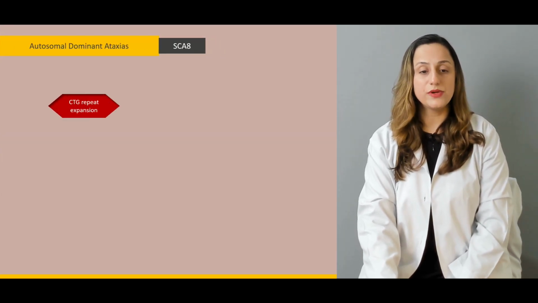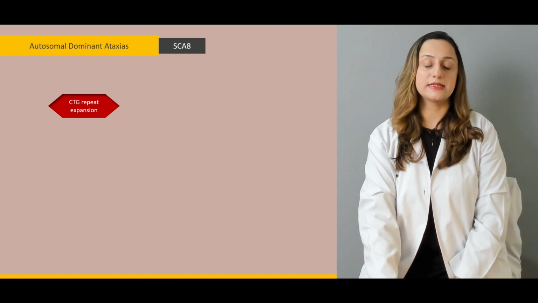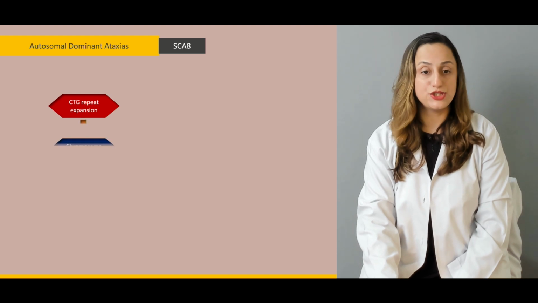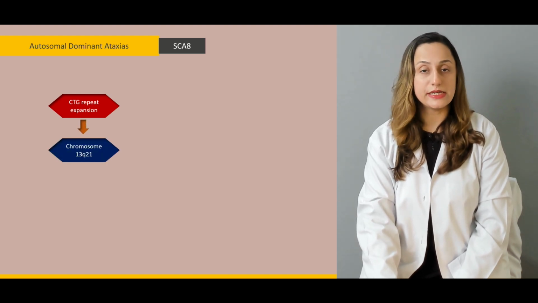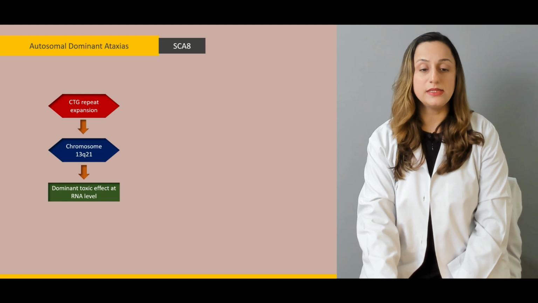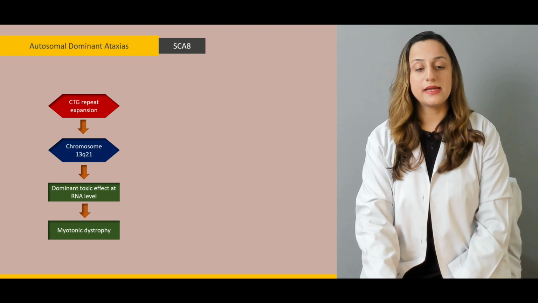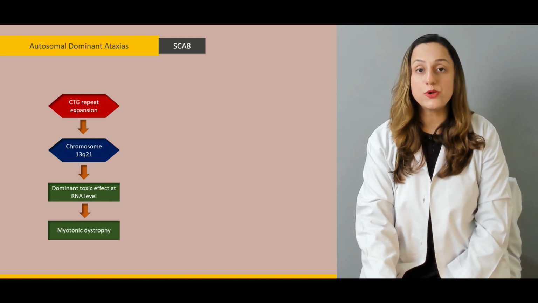Then we have the 8th variety, which is going to manifest itself due to the repetition of the expansion of the CTG gene. The chromosome involved over here is 13q21. The dominant toxic effects at RNA levels are noted down, and that is going to manifest as myotonic dystrophy.